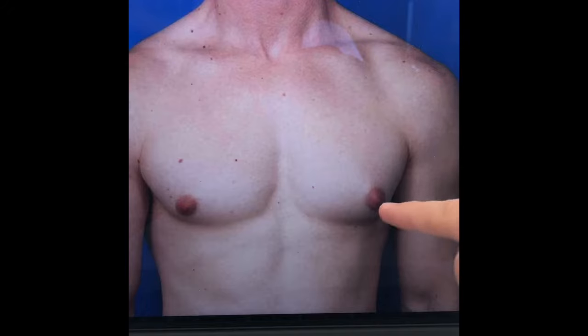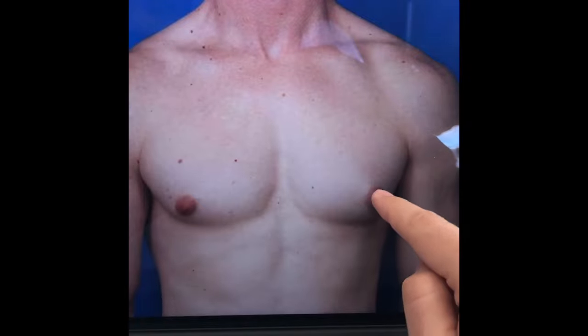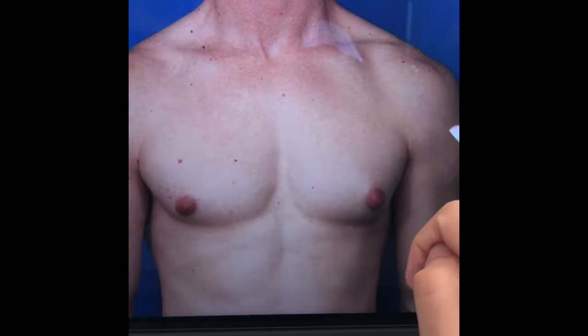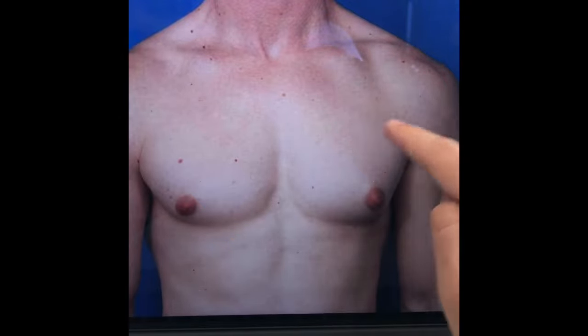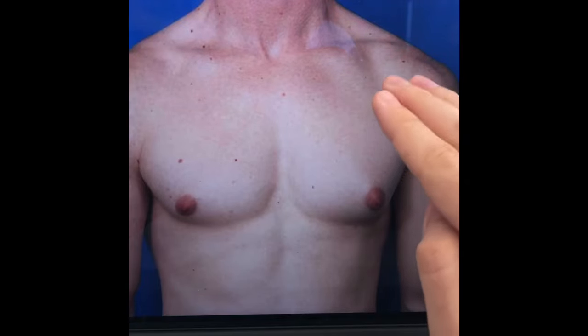He has a lateral pectoral border that is very well developed, an infrapectoral groove that is also very well developed, and a slight asymmetry between the left nipple and the right nipple. The left nipple sits a little bit higher than the right one. And if we look here in the upper pole, the pectoral muscle, because he is very fit, looks very nice.